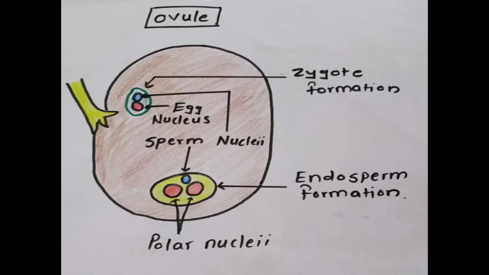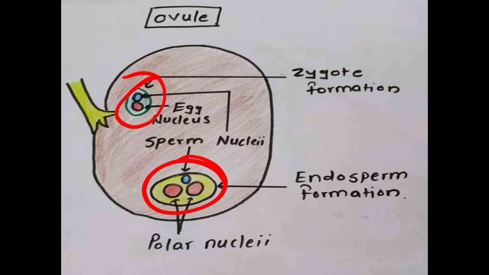See, this is the zoomed out ovule structure. See here, the male gametes have already entered the ovule. Blue colored is the male nuclei, red color is of female nuclei, right? One of the male gametes fused with the egg nucleus and the other male gamete fused with the polar nuclei, right?